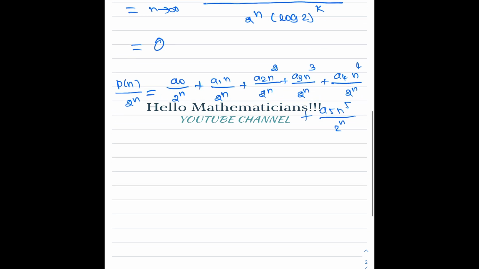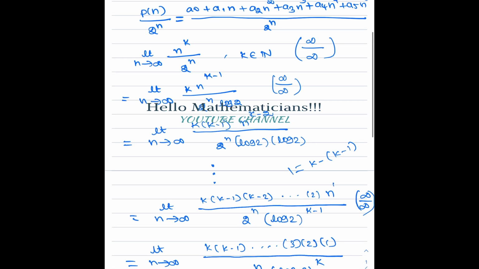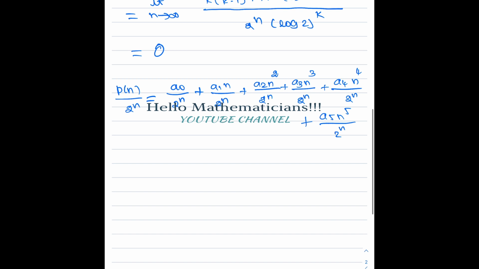Okay, now we have shown that n power k by 2 power n converges to 0.